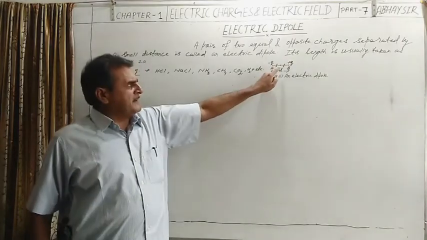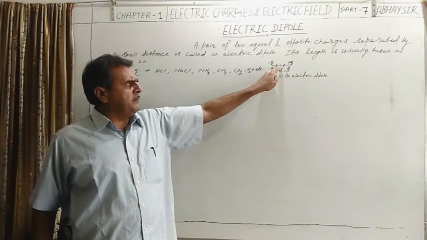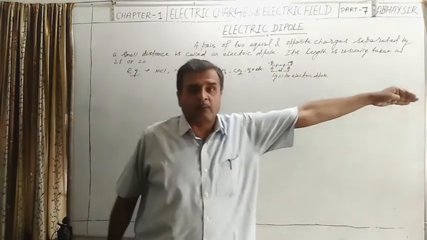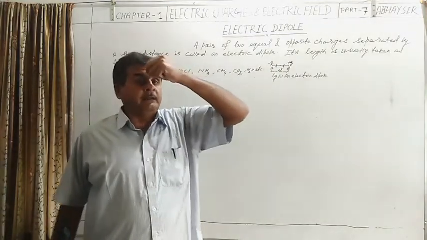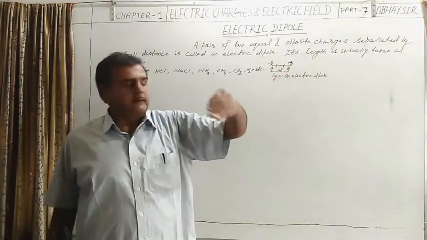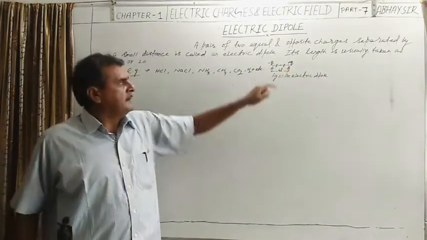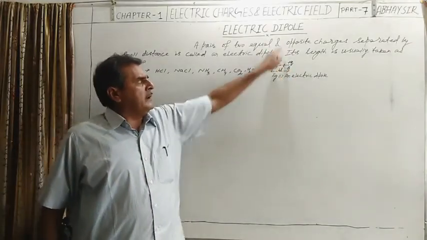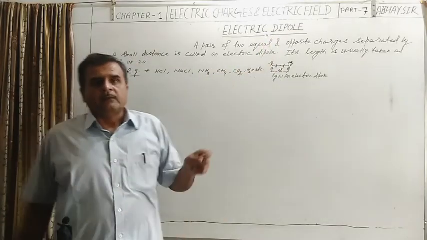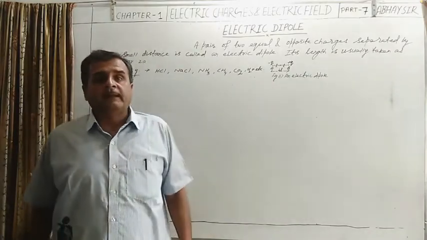So if we calculate electric field intensity either on the axial line of electric dipole, which will be discussed later on, or on the equatorial line, that is the perpendicular bisector of the electric dipole, then we will find non-zero value of electric field.